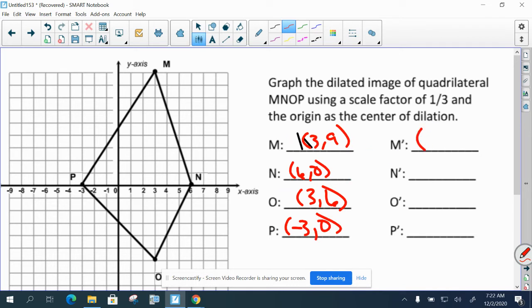So multiply everything by 1/3: (1, 3), (2, 0), (1, 2), (-1, 0), and graph the image. Graph and label.